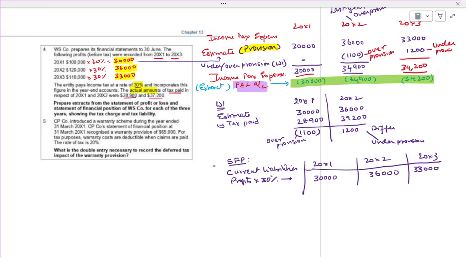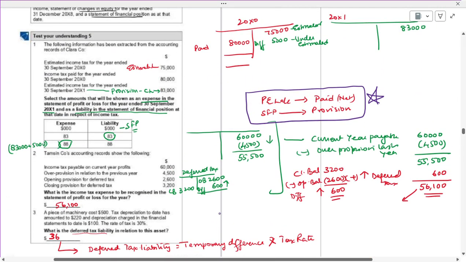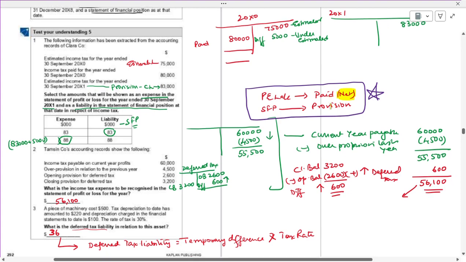See the thing I told you, again I am repeating this. When we are showing in the profit and loss account, we will show the net amount.